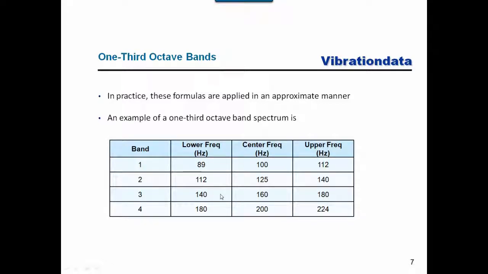Then you can see a 40 Hertz bandwidth and a 44 Hertz bandwidth. I probably should have just added a column to put those bandwidth numbers in. But you can see as we go upward in frequency, the width of these bands increases. So please keep that in mind. And this is called a proportional bandwidth.